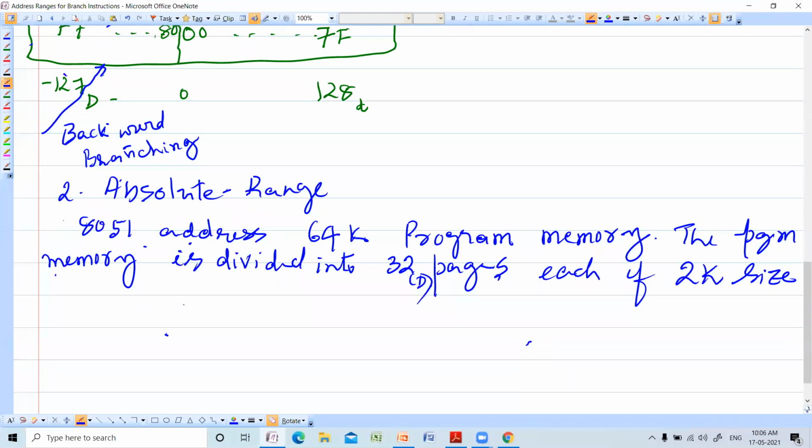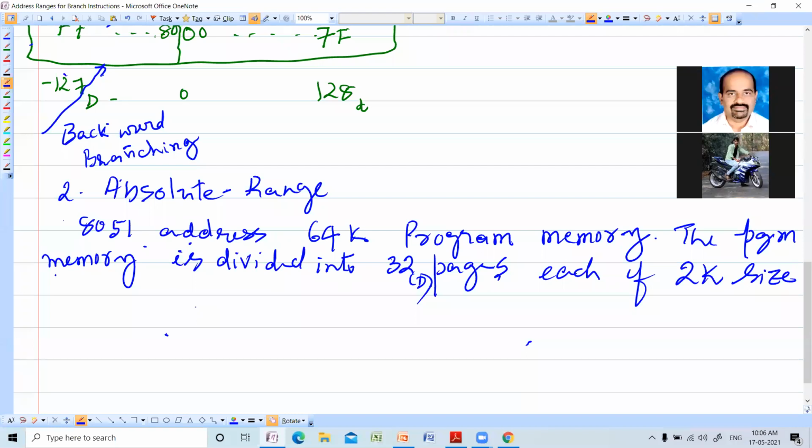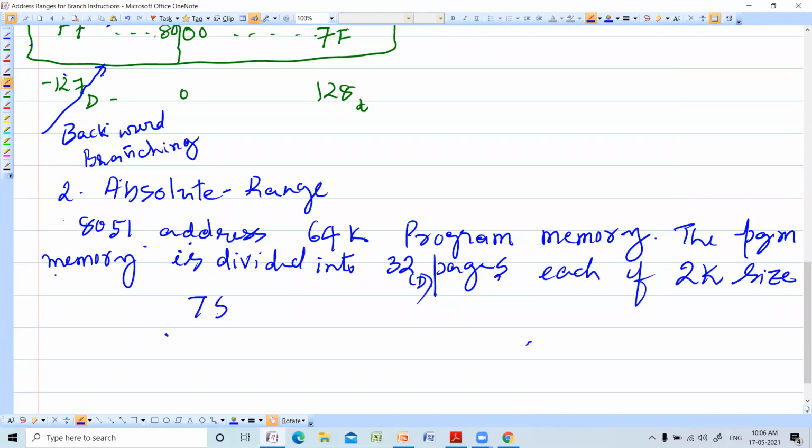Suppose I take some address, 7563. If I write it in binary, 7 means 0111, 5 is 0101, 6 is 0110, 3 is 0011. See, this is the address 7563H, the location.